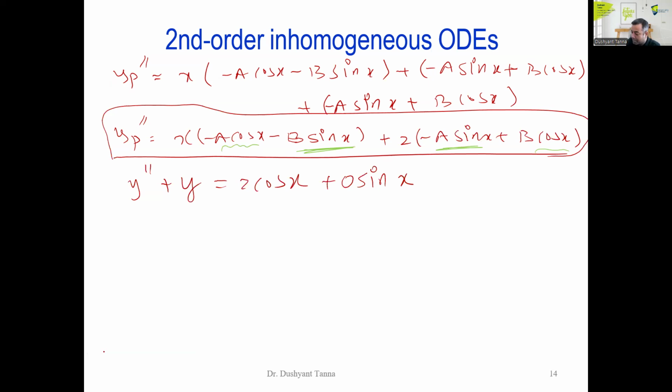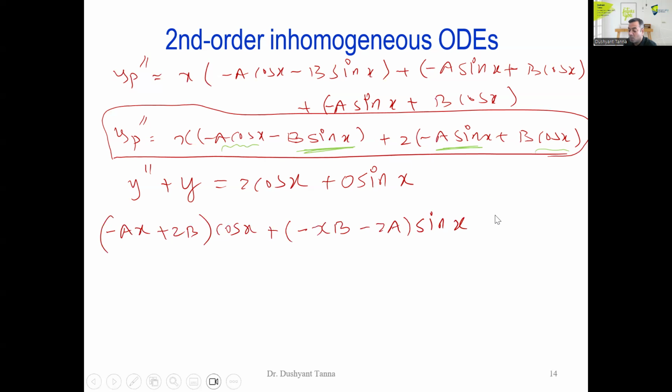Right. So that one will be minus AX from here plus 2B cos X, minus 2A sin X. This is for YP double dash.